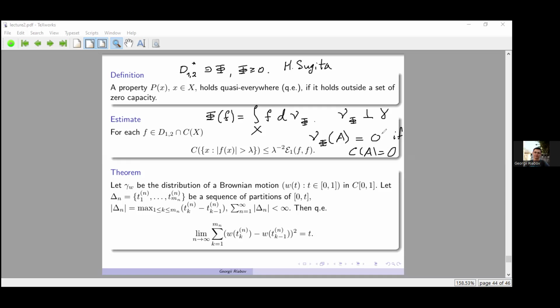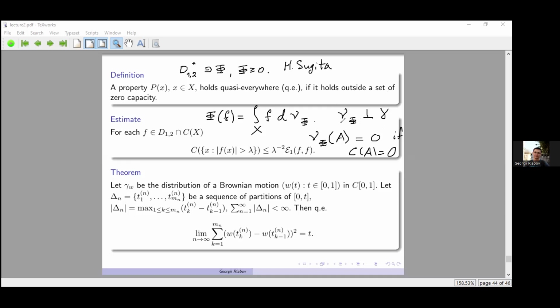In this way, properties of the measure gamma that hold not only almost surely, but quasi everywhere, can be transferred to some distributions that are actually singular with respect to the measure gamma.